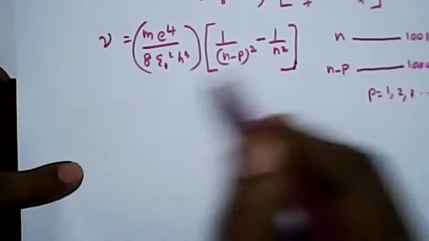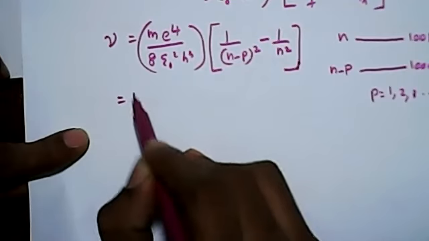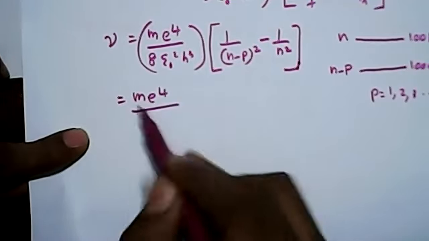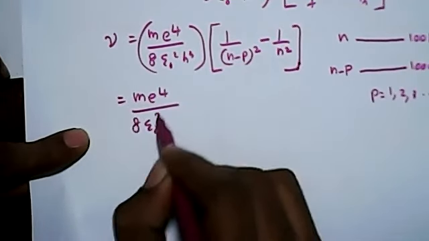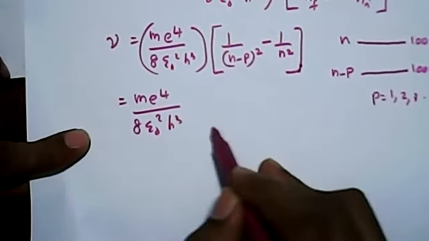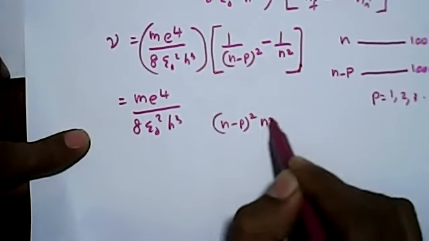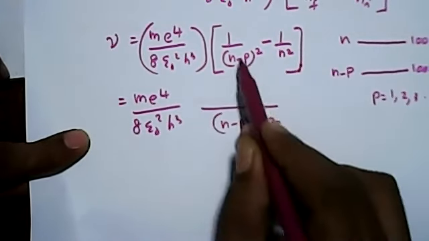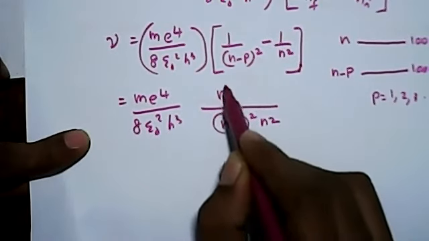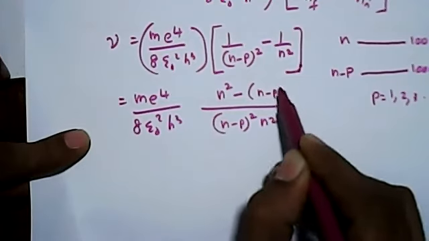Now you simplify this one. Simple arithmetic. This is equal to m e to the power of 4 by 8 epsilon 0 square h cube. So the common denominator is n minus p whole square into n square. The numerator becomes n square minus n minus p whole square.